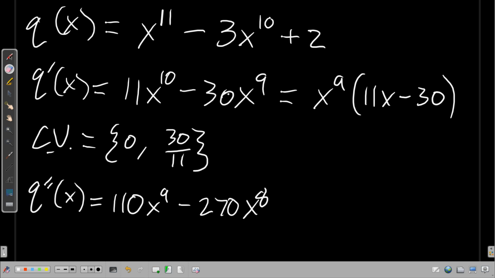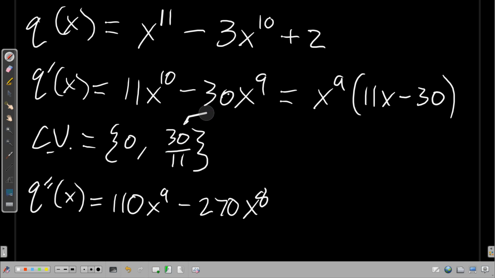So, well, if I put 0 into here, I can't learn anything, right? I get 0 minus 0, and I don't truly know, so my second derivative test is inconclusive.